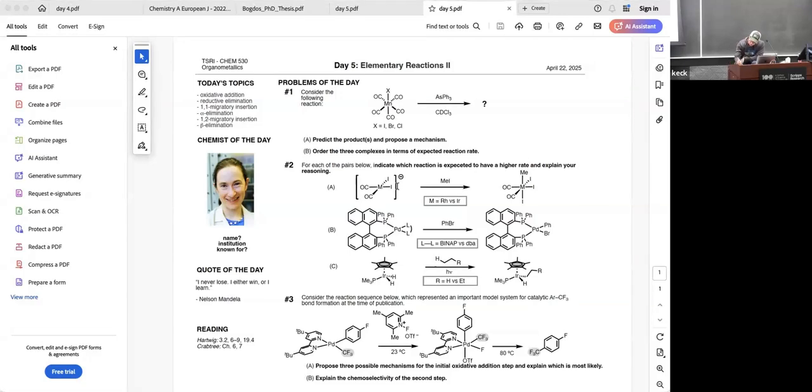So predict the product or products if you think it might form multiple products. And then part B is to order the 3 complexes in terms of expected reaction rates: chloride versus bromide versus iodine.